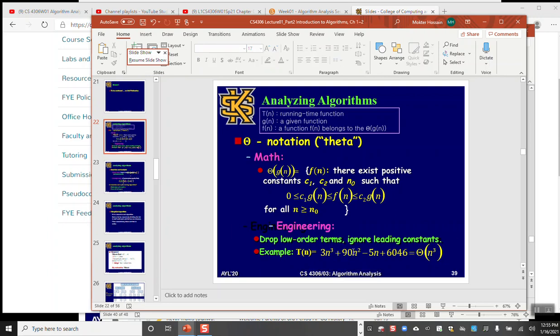But since we are considering n as a large number, we consider this term, and for large n we don't need to consider the constant, so T of n is theta of n cubed. This is the dominant term we will consider.